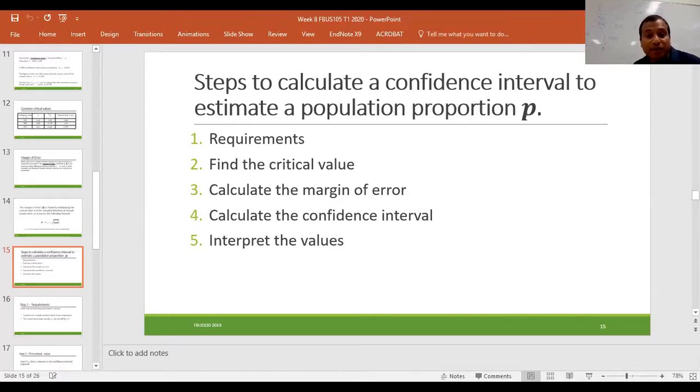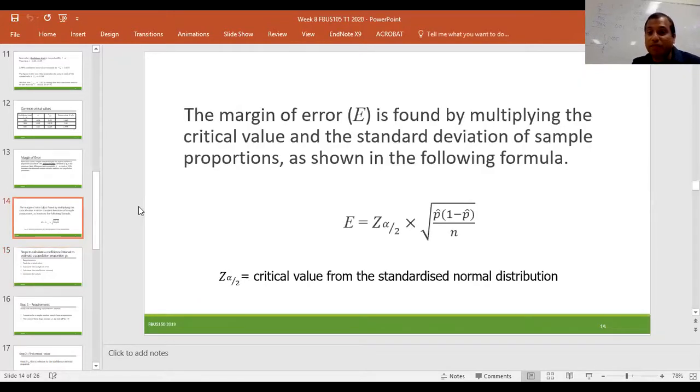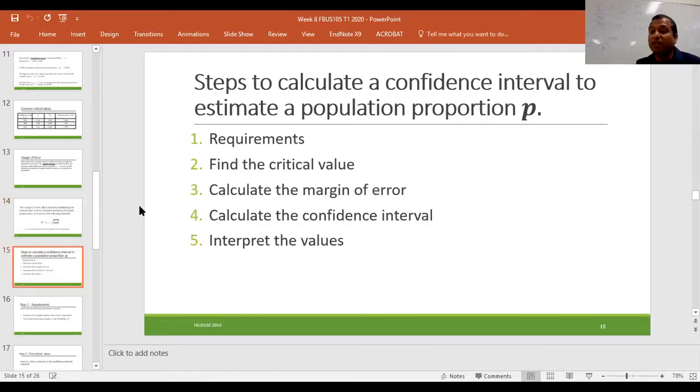Then the third step is to calculate the margin of error. As I said, how do we calculate the margin of error? In the previous slide we discussed that you need to multiply your critical value, that is Z alpha by 2, with the standard deviation of the sample proportion. That will give you your margin of error.